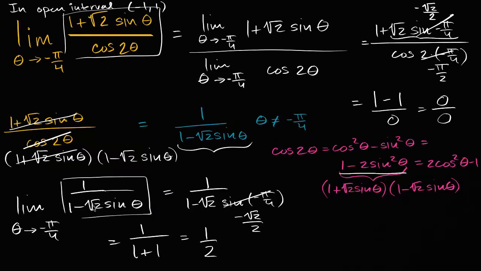But as we've seen multiple times before, if we find an expression that's equal to our original expression at all values of theta, except where the original one was not defined at a certain point, but this new one is defined and continuous there, then these two limits are going to be equal.